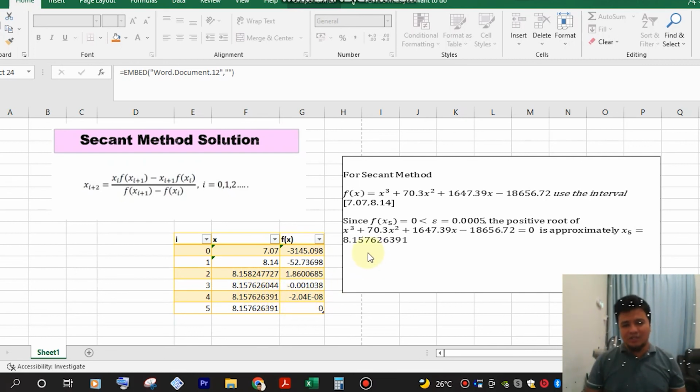In conclusion, since f(x5) equals 0, which is less than 0.0005, the positive root of x power 3 plus 70.3 x power 2 plus 1647.39 x minus 18,656.72 equals 0 is approximately x5 equals 8.157626391.